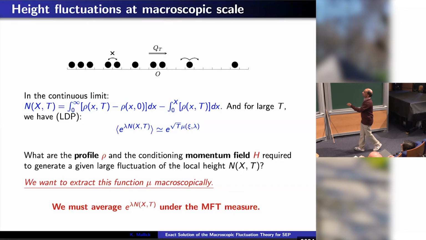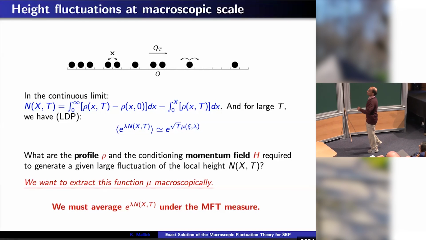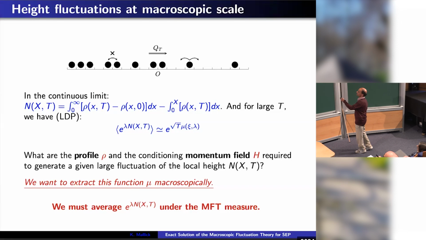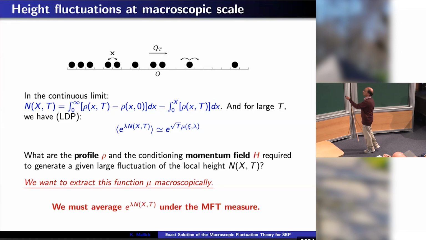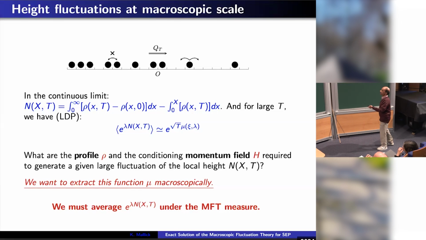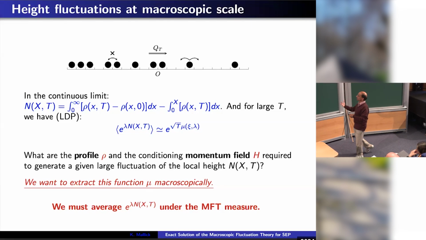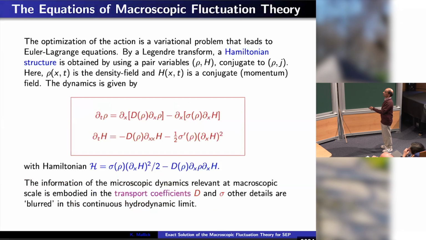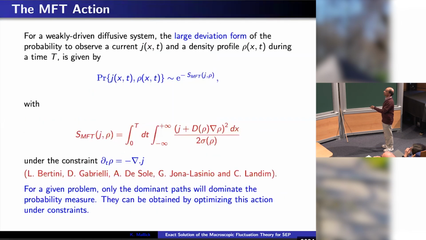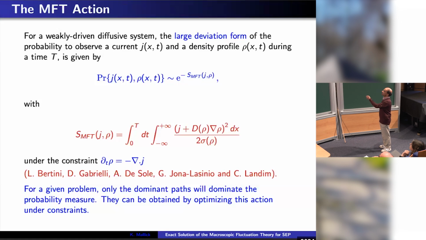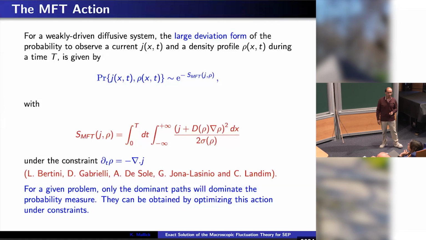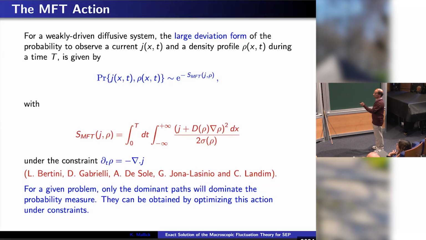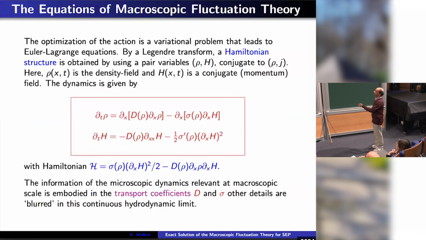And I emphasize again, we computed this object microscopically by Bethe ansatz, but we don't want to talk about microscopic physics anymore. We really want to get this function macroscopically using the fluctuating hydrodynamics and the macroscopic fluctuation theory proposed by Jona-Lasinio et al. So what we have to do, at least the program is simple, a priori: we have to take this measure for all possible realizations of the current and the density profile, and we have to average over this measure the quantity we are interested in, which is exponential of lambda n.